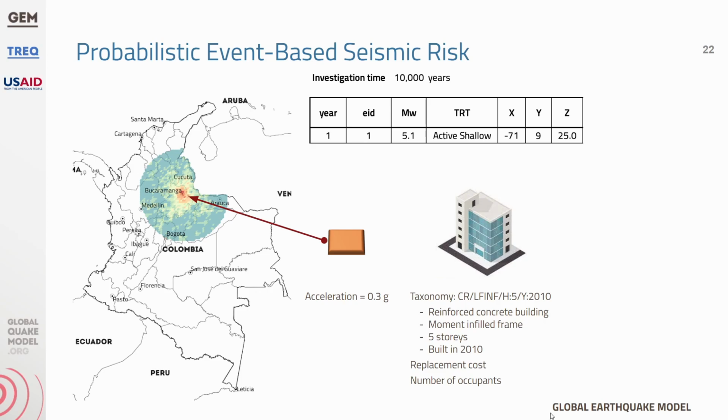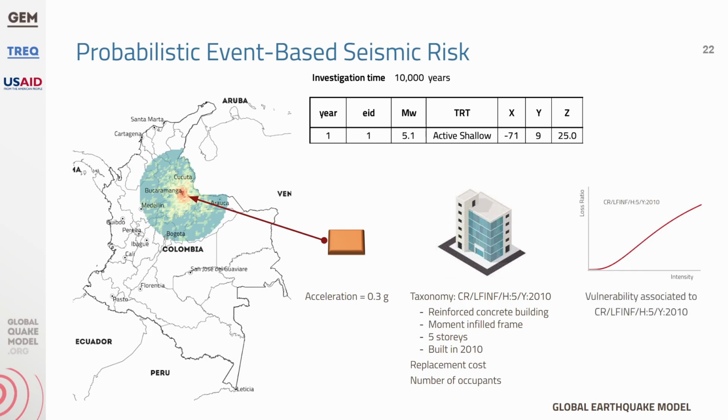So in this example, what is in that particular point? In this example, we have a 5-story reinforced concrete building with moment infill frames, building 2010. So we can also have information regarding the replacement cost as well. So how much this building costs and how many people are living in this particular building.